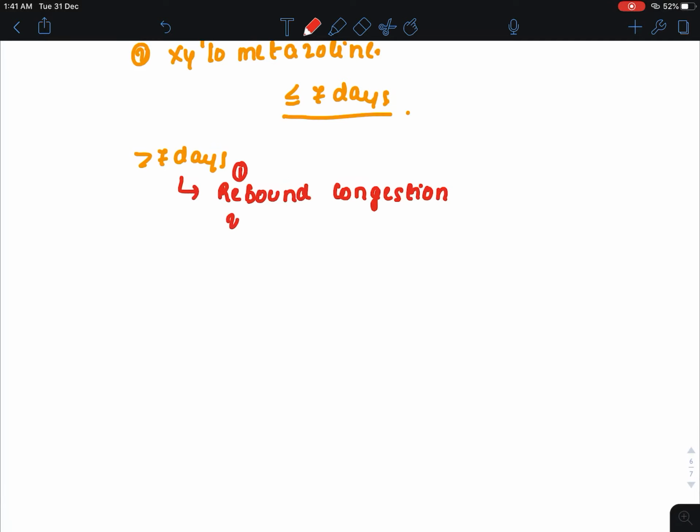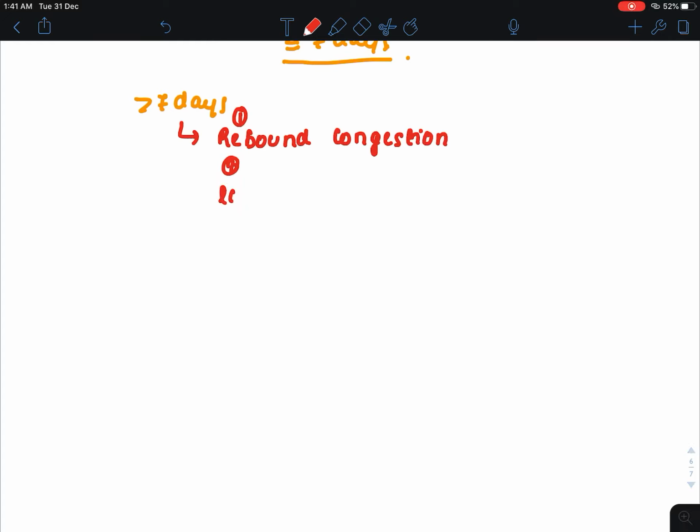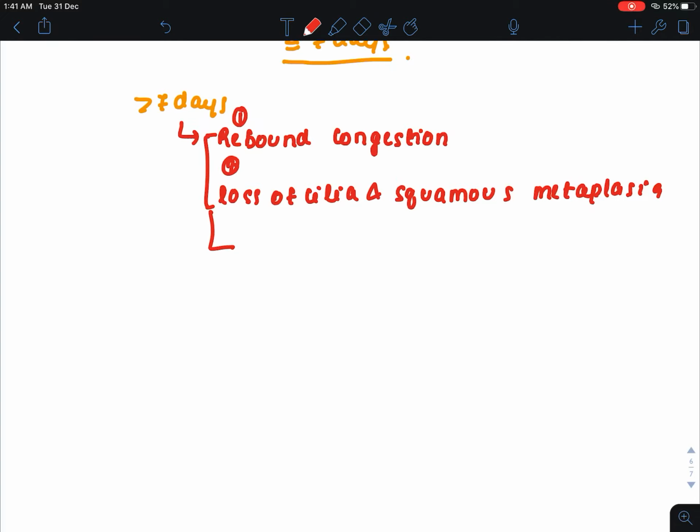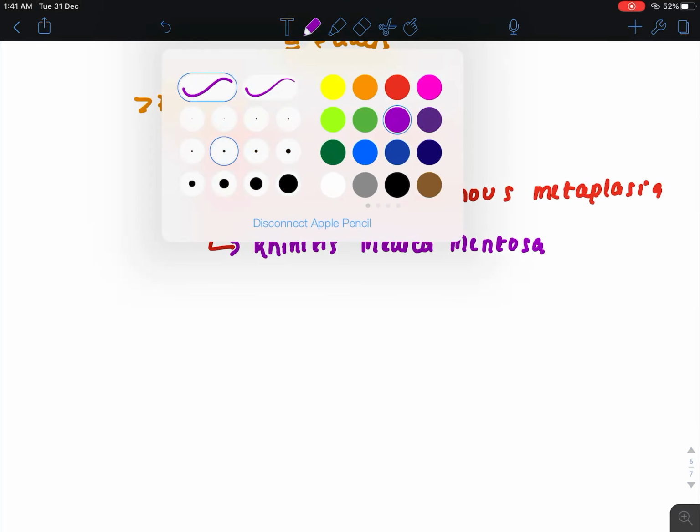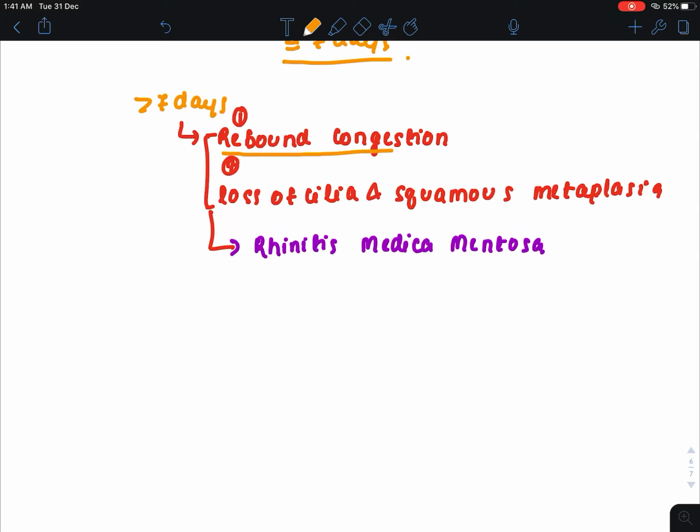First is rebound congestion, and second is loss of cilia, and squamous metaplasia will occur. This condition is known as rhinitis medicamentosa.